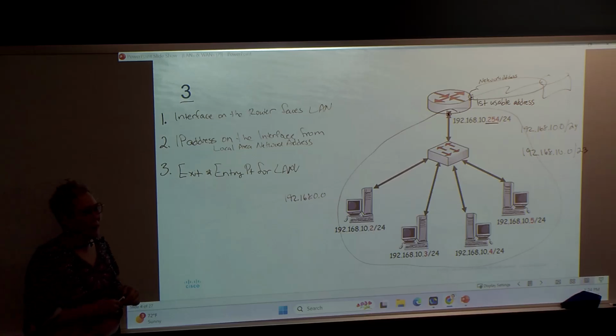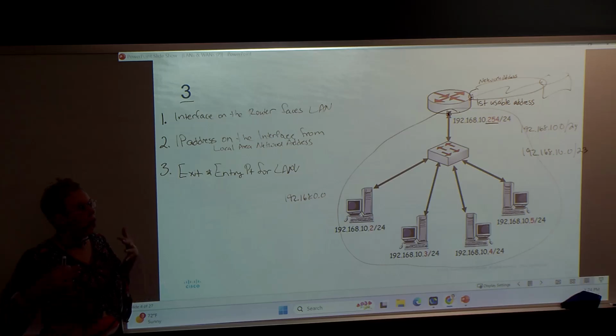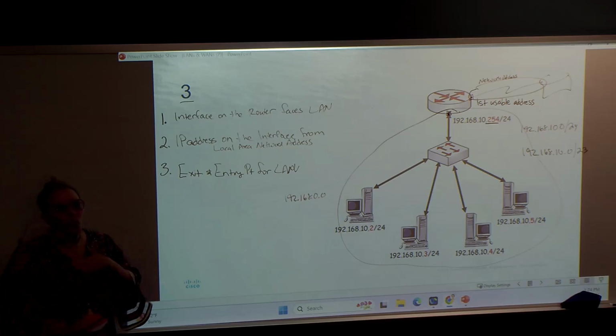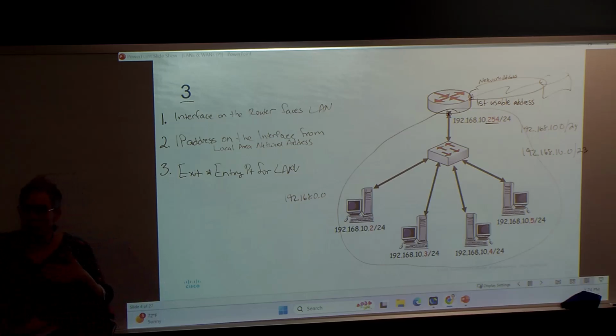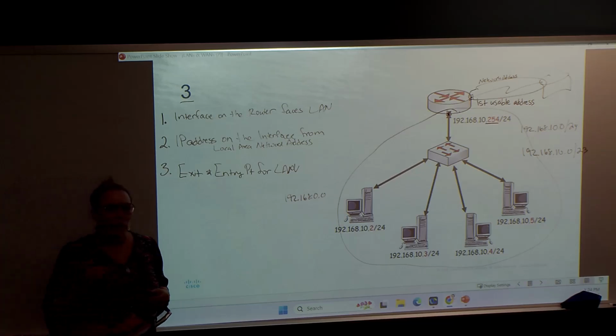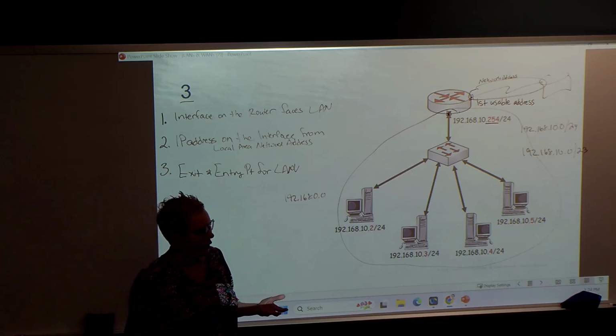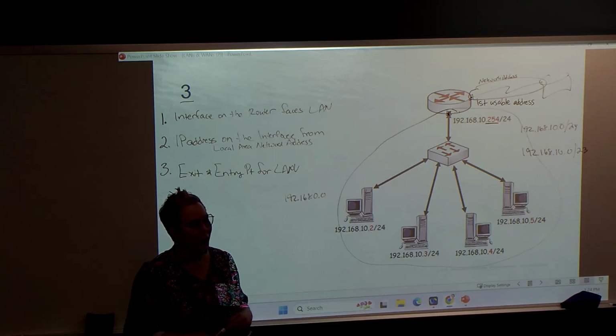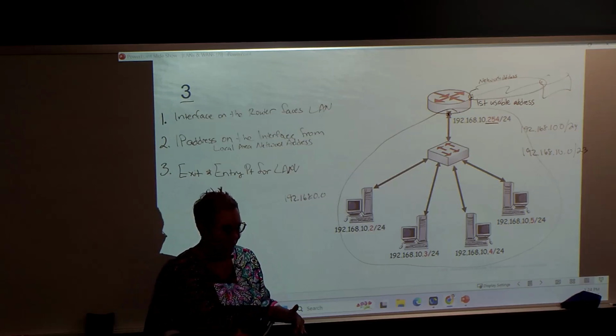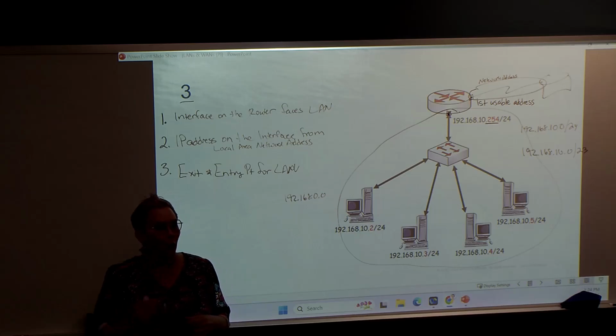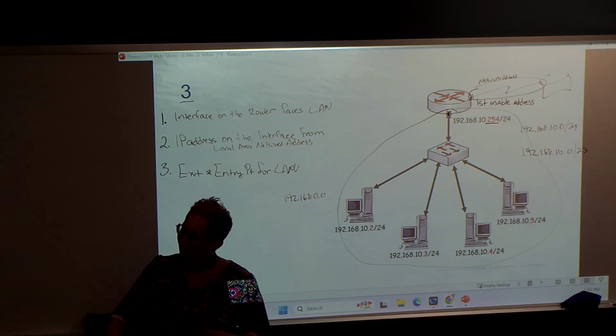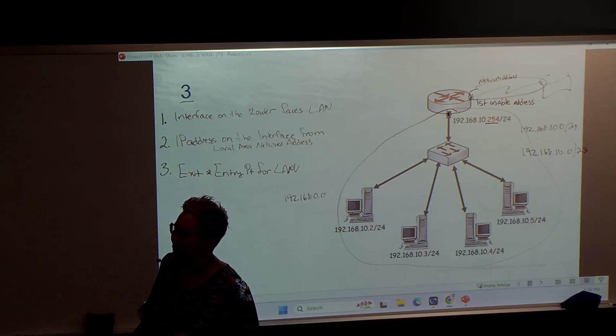And you'll see in any of the quizzes, you'll always be asked to give one or the other. And the rule of thumb, and this is the same in the industry, is if you're asked for the subnet mask, that means they want the decimal, 255.255.255.0.